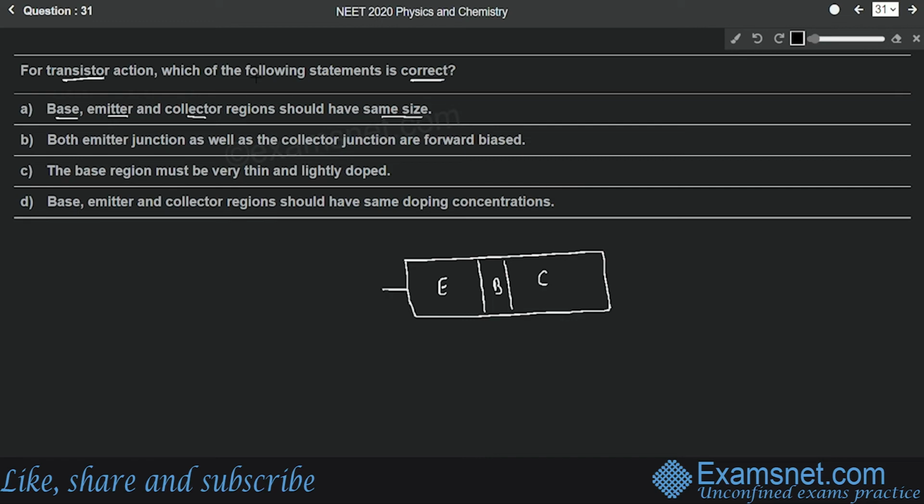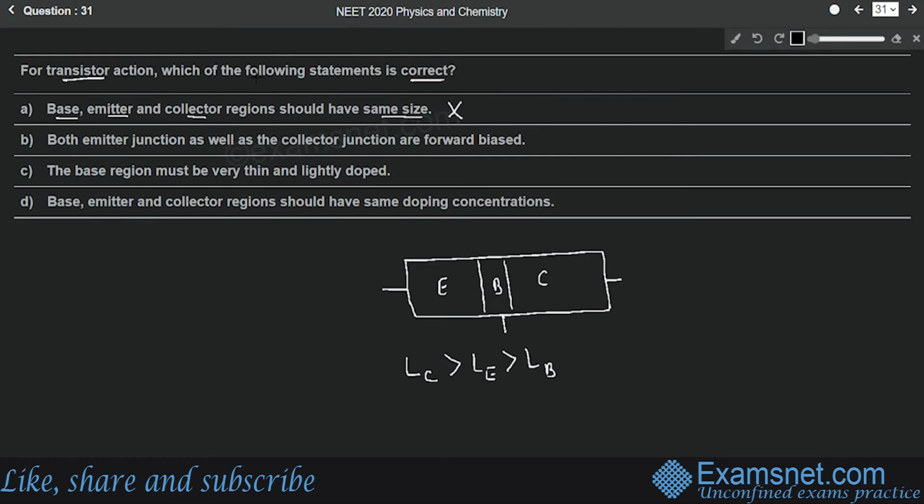Then can you determine the length profile of this? As clearly visible from here, the length for collector region is maximum, then length for emitter region, and then length for base region is minimum, right? So these are not of same size. Therefore, the first statement will be incorrect.